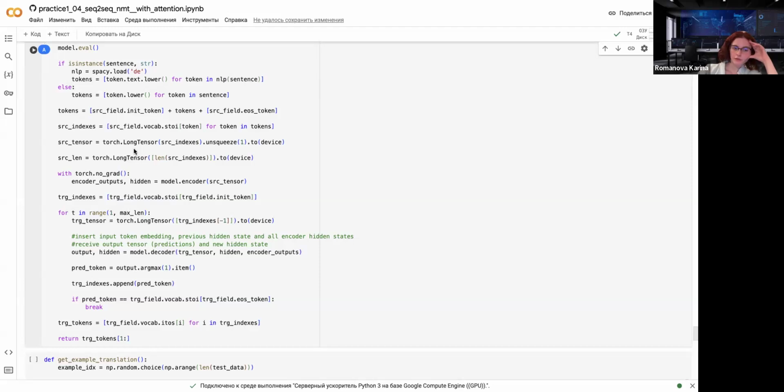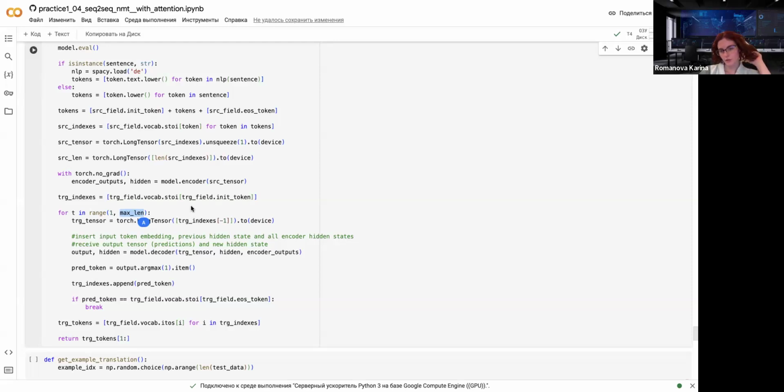And also if we didn't get the end of sequence token, we can stop when we reach the maximum length we provided in the beginning, like a constant value. Then we stop if our predicted sequence is longer than we want.